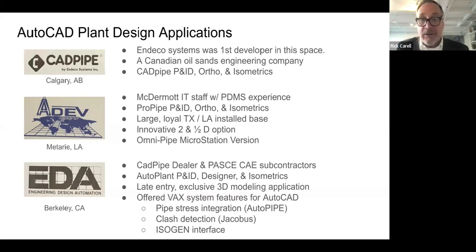So we had integration for pipe stress. We worked with the guy from Bechtel, Buddy Cleveland. Buddy Cleveland started a company called Jacobs, and they had clash detection. So we were the first to integrate clash detection into an AutoCAD framework.